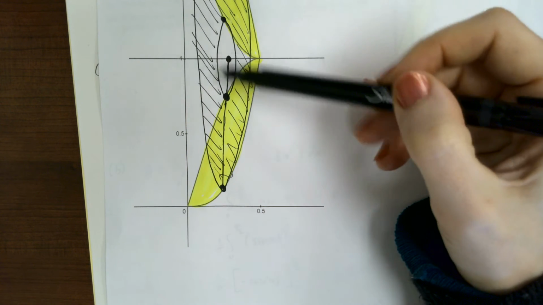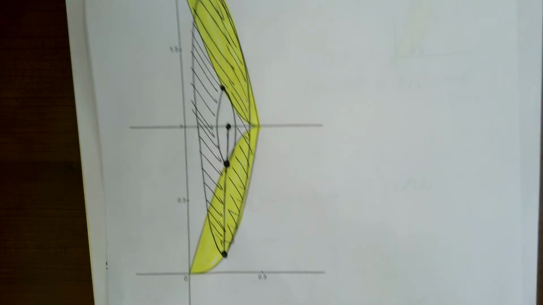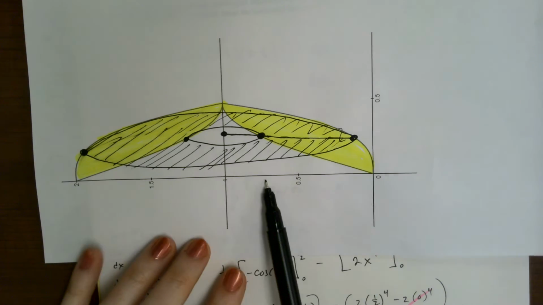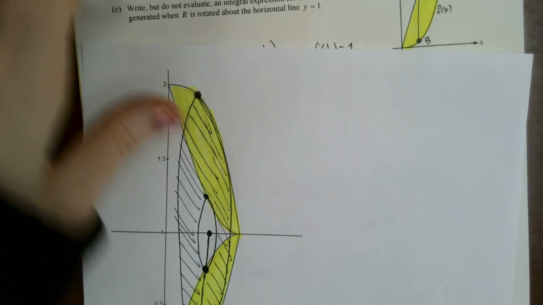And then I just created circles. And yeah, so this is actually a washer. So the cross sections, you're going to have a solid shape, but the slices, the cross sections, are going to be washers.